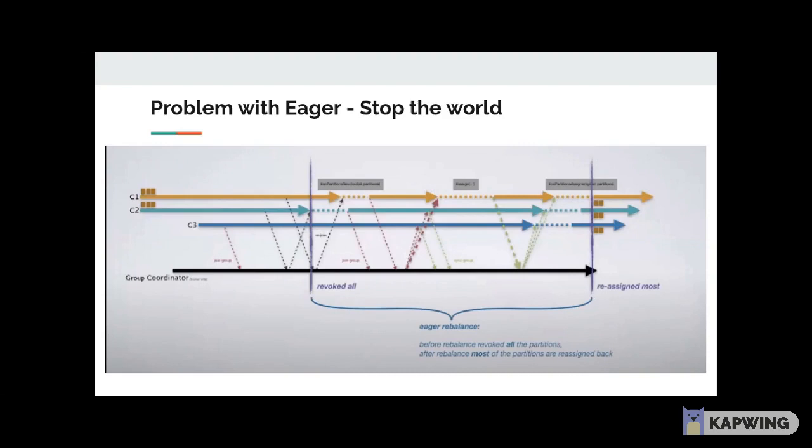And this particular problem, where this stop the world happens for all the partitions, whether they need to be reassigned to another consumer or not, is the problem that is actually solved by the cooperative incremental protocol. And let's see how that protocol solves the problem.